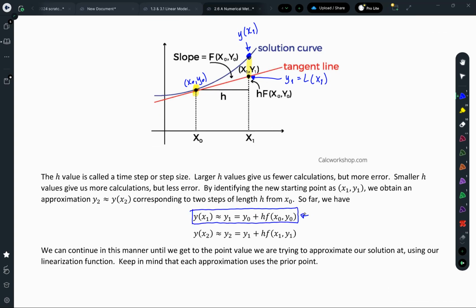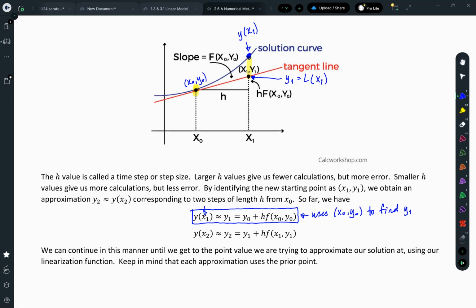Okay, so this first form, notice that to the right of the equal sign, we need knowledge of y naught, we need knowledge of x naught. Okay, so this uses x naught and y naught to find y1. Okay, and whatever you get for y1, it's going to pair up with the x1 that is in y of x1. Okay, once we have that, then we can move forward.